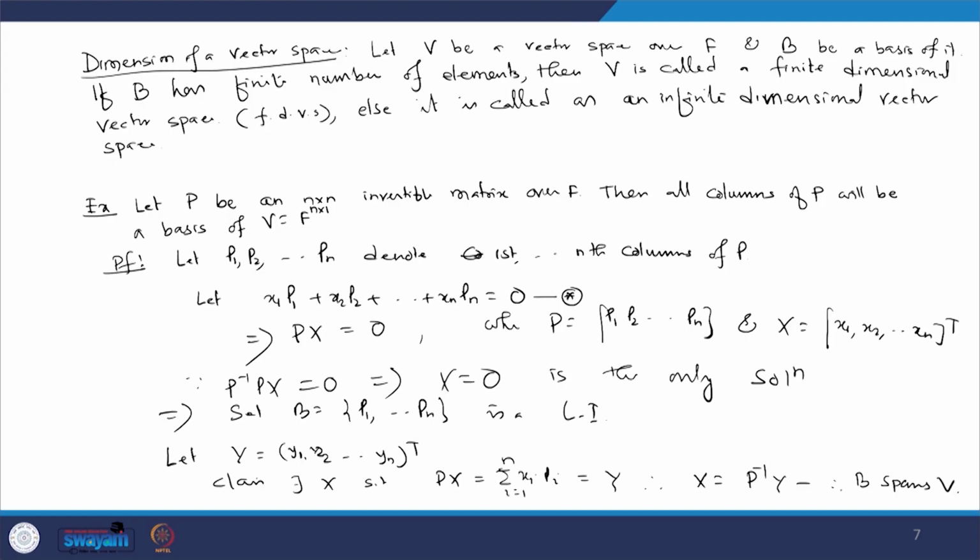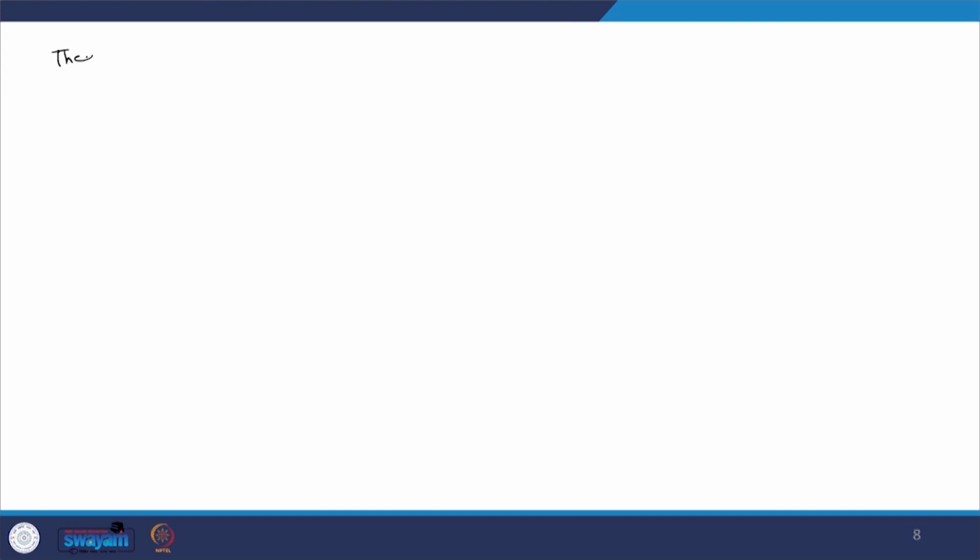Okay. So I think we have given enough examples of the basis, and now let me consider one more small result. It is like a theorem.